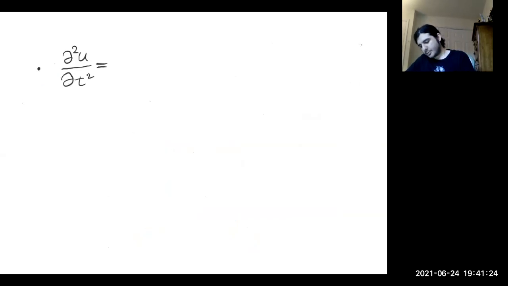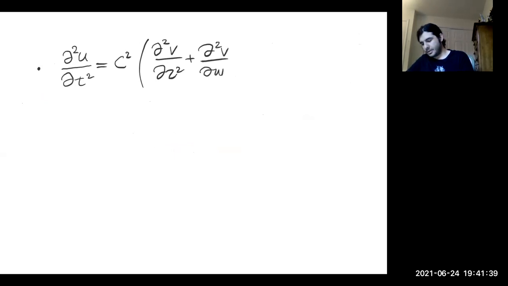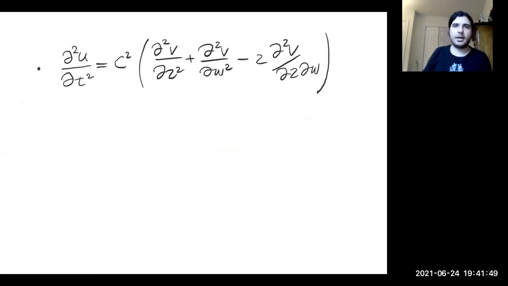It would be c squared times second derivative of v with respect to z plus second derivative of v with respect to w minus 2 times second derivative of v with respect to z and w. I'm not repeating that.